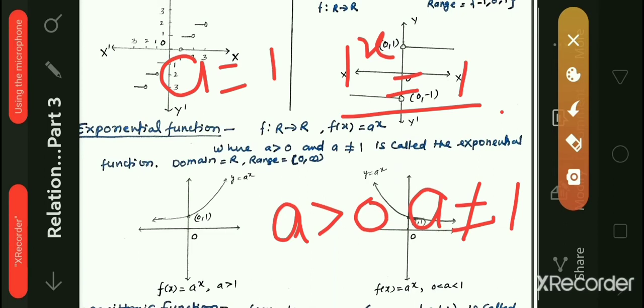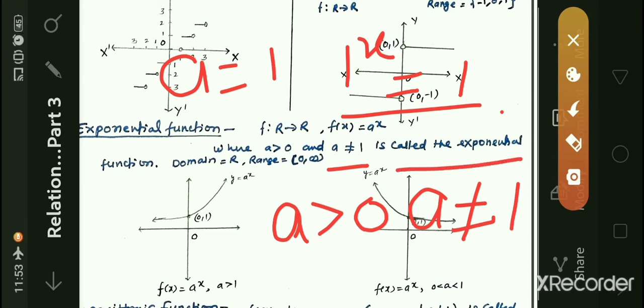We take only those where a is greater than 0 and a is not equal to 1, which is called an exponential function, where domain is R and range is 0 to infinity, excluding 0.